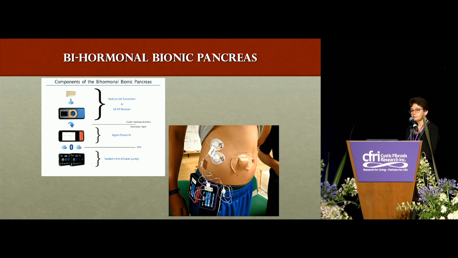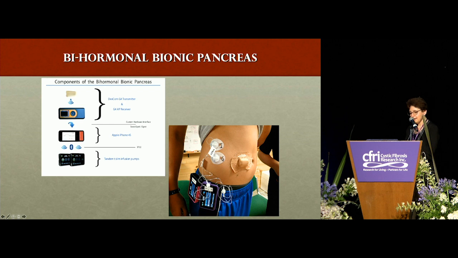What about minimizing low blood sugars by adding some glucagon to the pump? The first studies were done with this many devices being worn. Obviously not fun, as you can see. You can't really do too many physical activities, although patients did, surprisingly. They did their bike rides for miles and miles, and somehow they were able to tuck it all in and do whatever they needed to do.